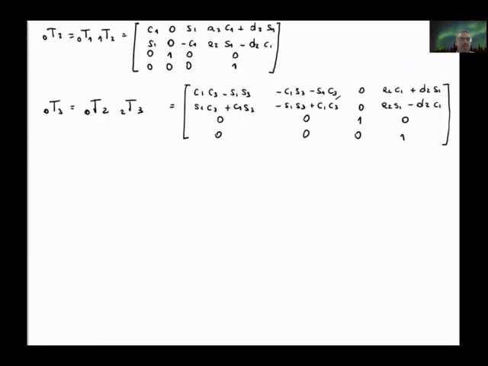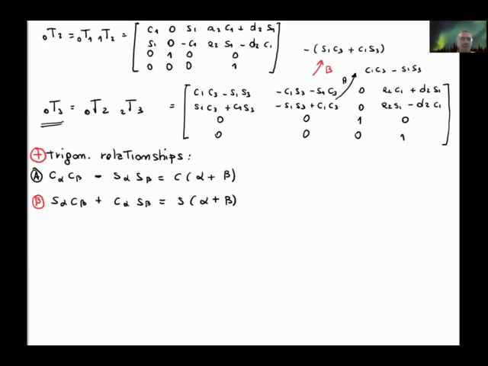So if we put everything together, we get the transformation between frame 0 and frame 3, and we can recognize that we have some simplification to do here. We can recognize the trigonometric relationships for addition and subtraction.